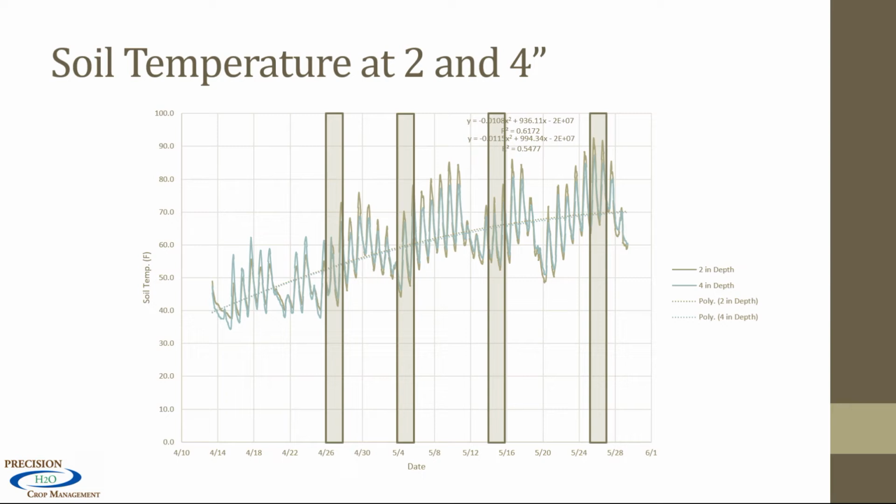When we pull back the soil temperature data and overlay the planting dates on top of that, basically what these rectangles, or bars, are showing is the 48-hour period after planting. And so you see in none of these planting dates do we have a very significant decrease in soil temperature those first 48 hours after planting.